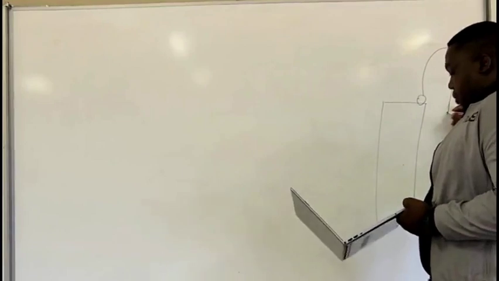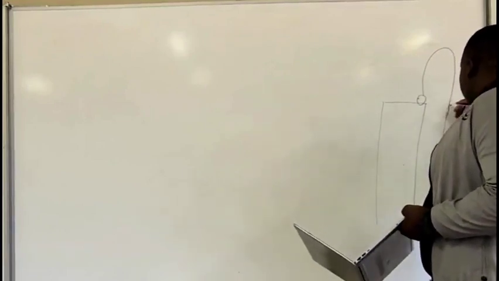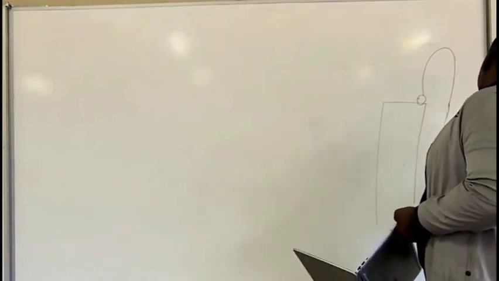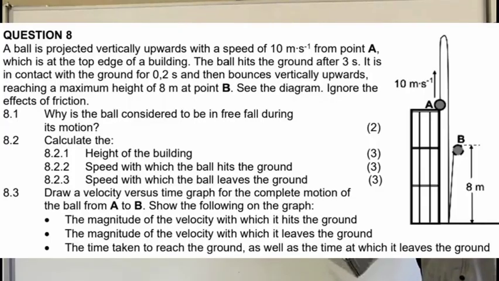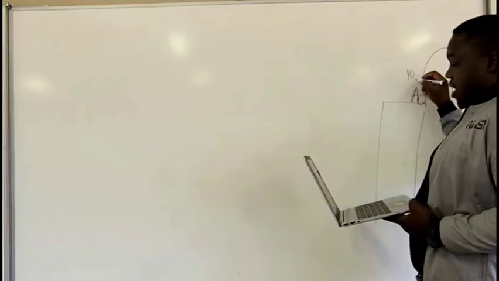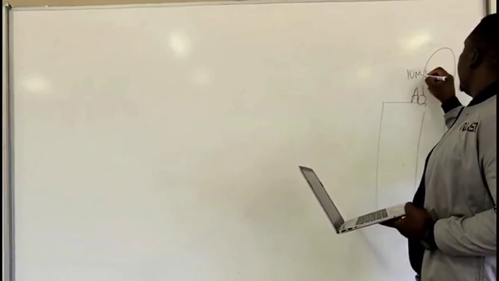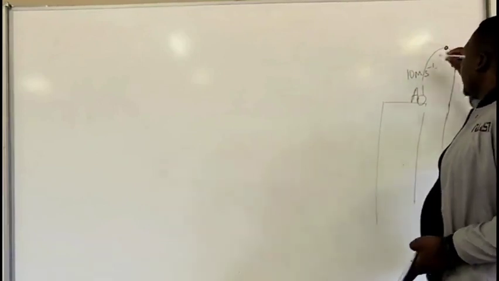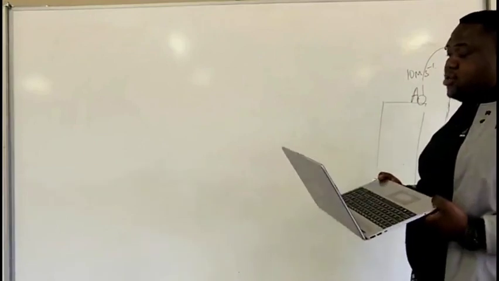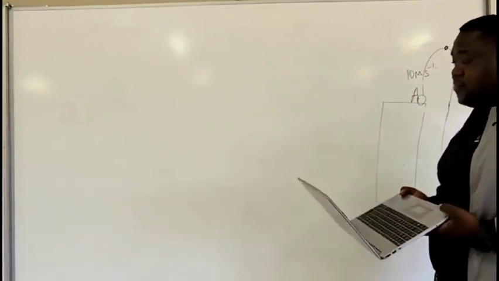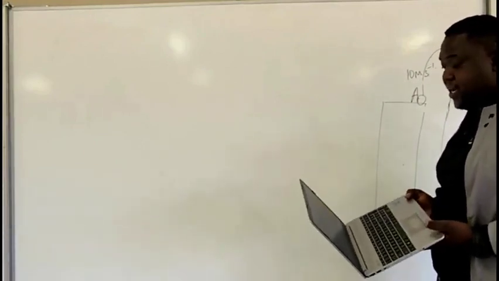It went up, then the ball hit the ground. When it hit the ground, it then returned to the air at point B. At first it was projected at point A, and then it went up at 10 meters per second. You know at maximum height it is going to be 0 meters per second.